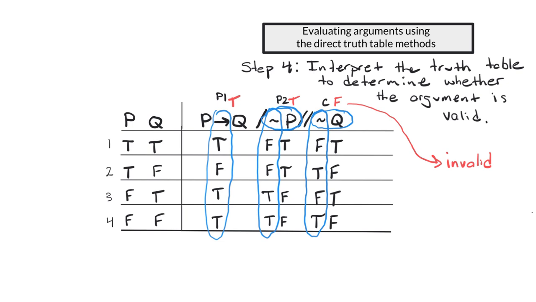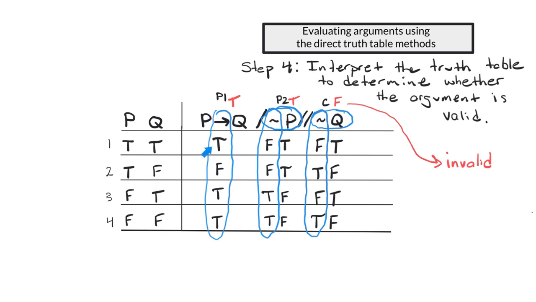I suspect this argument is invalid, but let's go through it. The truth table should visualize this pattern. Remember, the pattern of invalidity is when all the premises are true in a row and the conclusion false. So let's look at row 1.